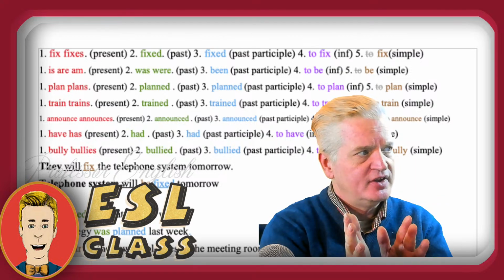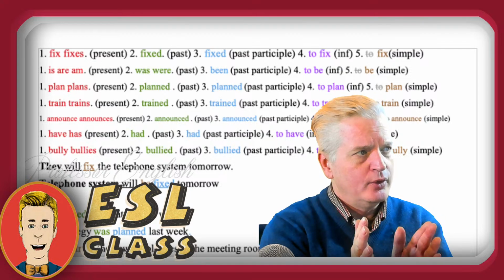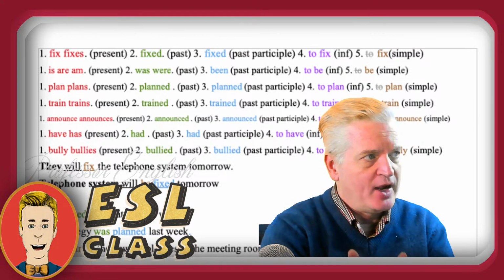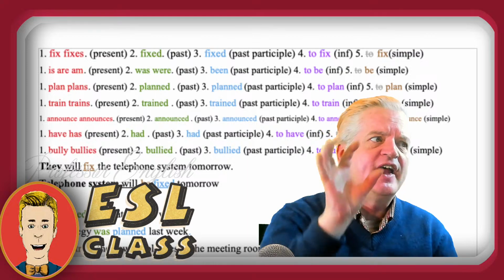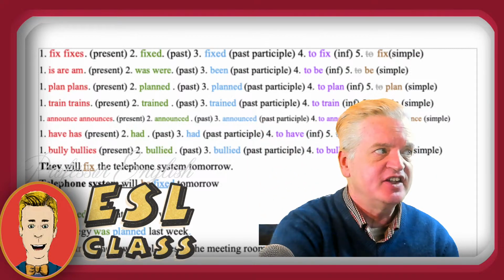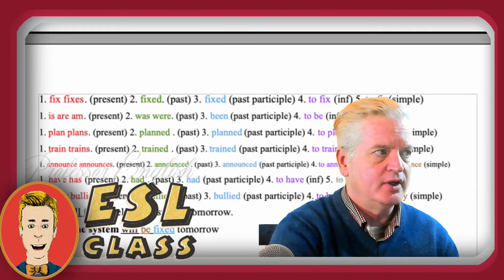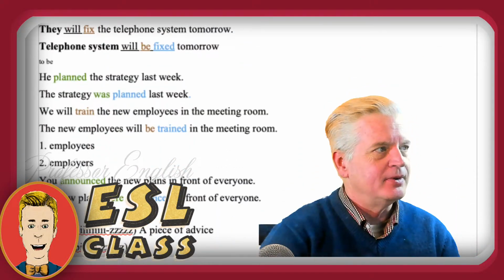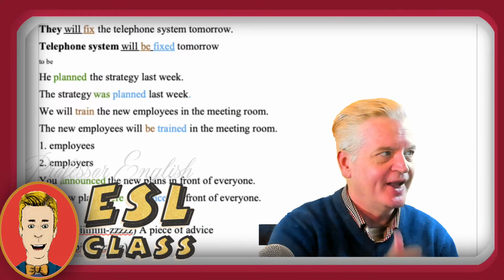They will fix. It's brown. It's number 5. It's like to fix, but no to. It's not red, it's not fixes, and there's no to with it. That's a very difficult thing for people to grasp.